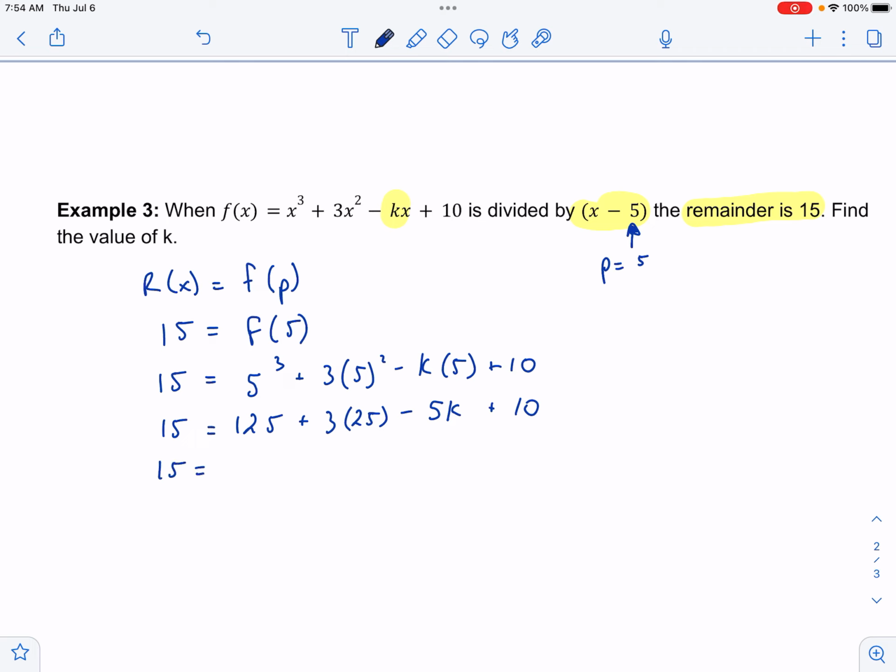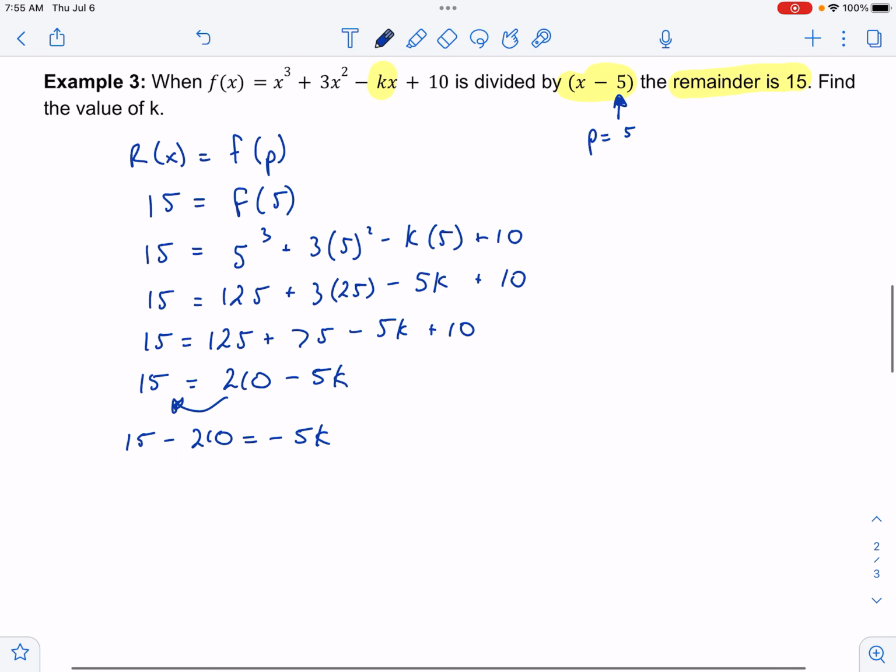Let's finish off that multiplication. 3 times 25 is 75. Okay, I'm going to combine my like terms here. 125 plus 75 is 200, and 200 plus 10 is 210. So I have 15 is equal to 210 minus 5k. Rearrange, bring that 210 over. It'll become subtraction. 15 minus 210 is negative 195.